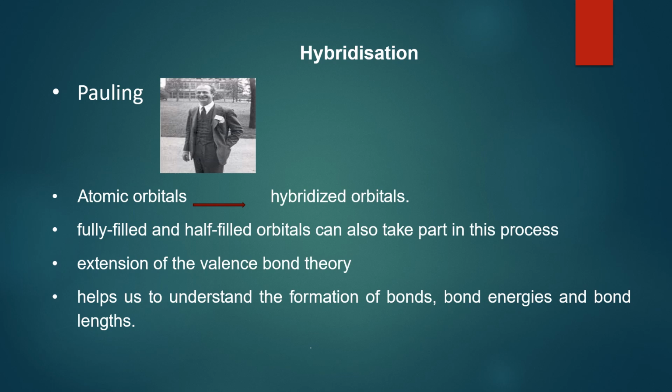This hybridization concept was introduced by Pauling. The idea of combining two atomic orbitals to create a new class of hybridized orbitals is known as hybridization in chemistry.